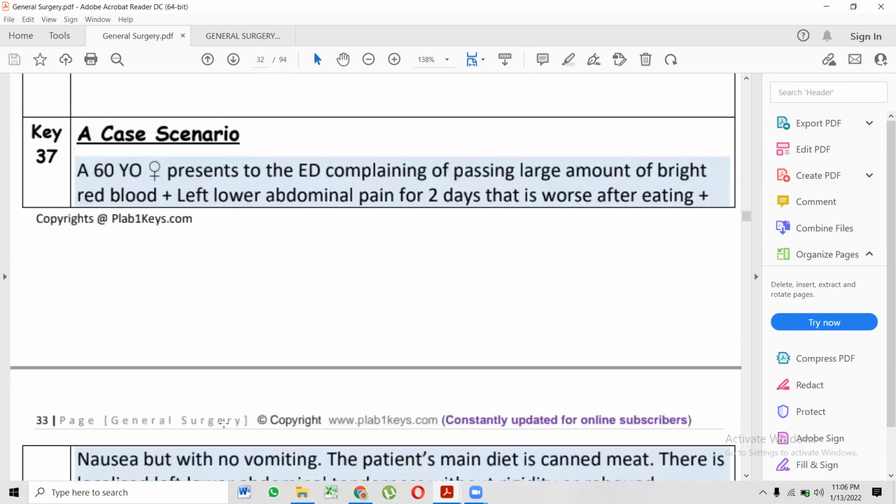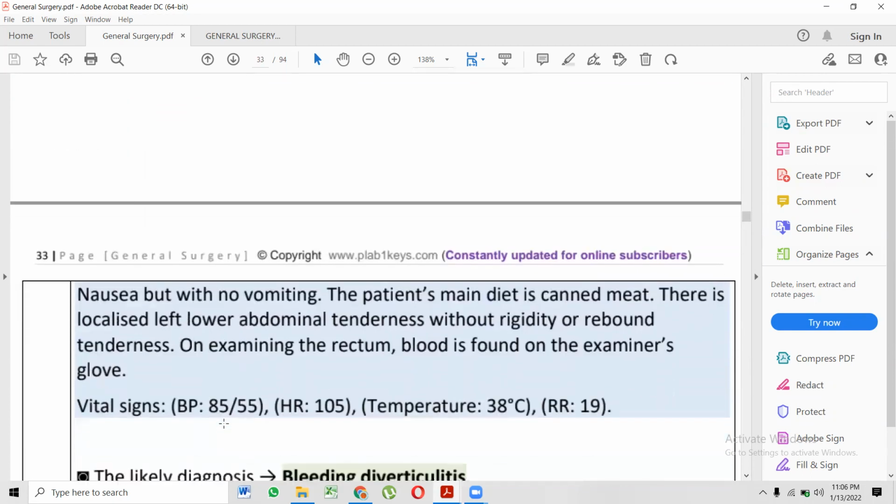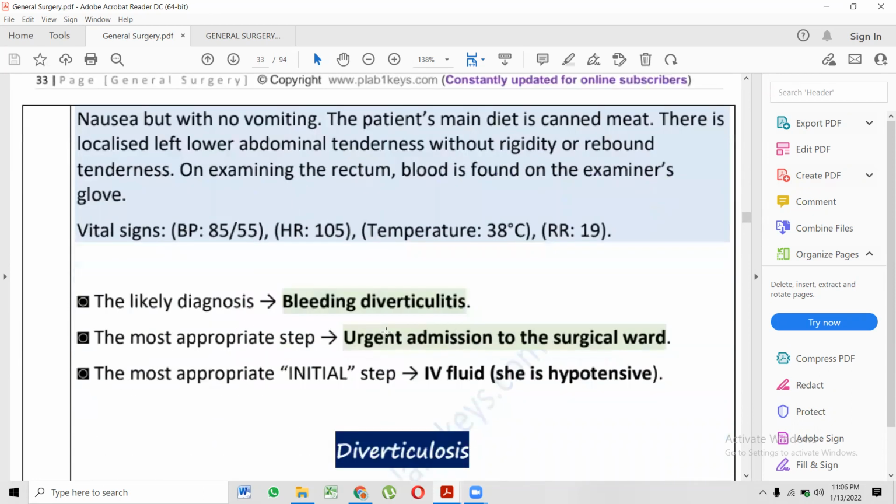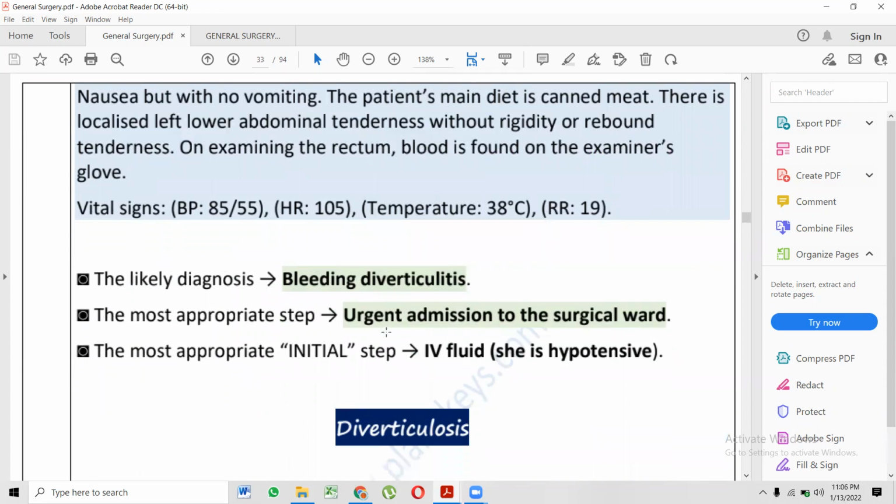The patient has an acute history, that was the first hint, and the other was that the patient has a temperature. Also there was no mention of weight loss. So the initial step, as the patient is hypotensive, is IV fluids.